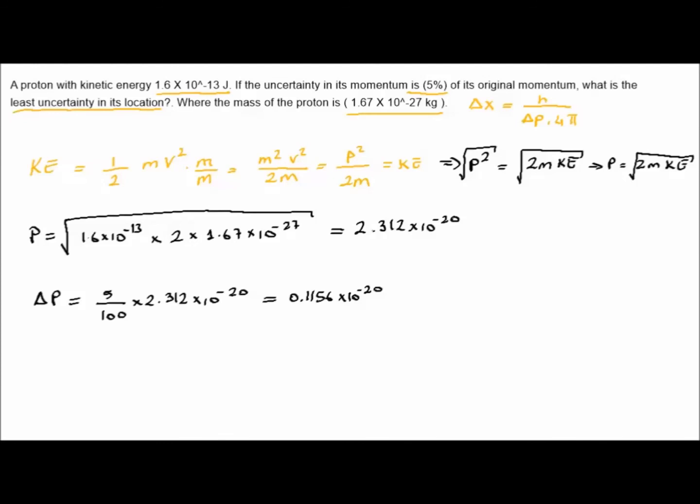So we can calculate delta x now. H over delta p times 4 pi.